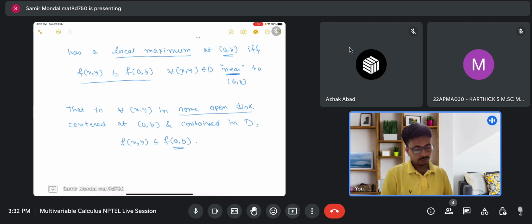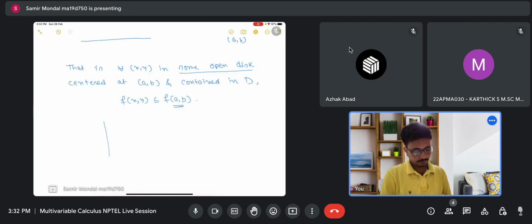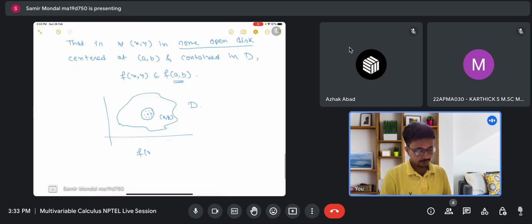Suppose this is your region D, and this is your point (a, b). We only look at one disc around (a, b). In this disc, the function has to satisfy this inequality.